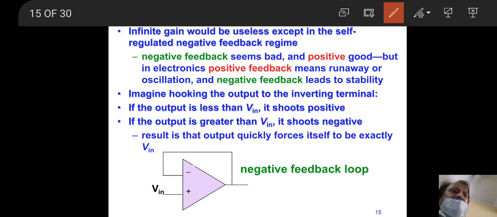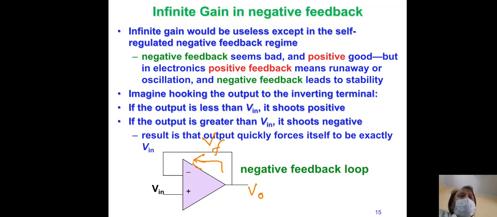V naught is fed back as voltage feedback. The negative feedback loop is connected to the inverting terminal.